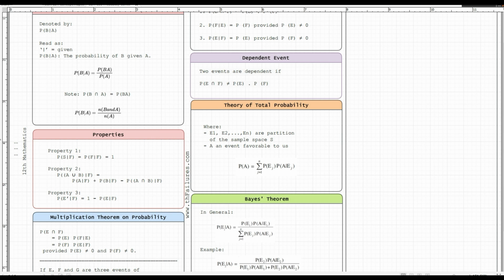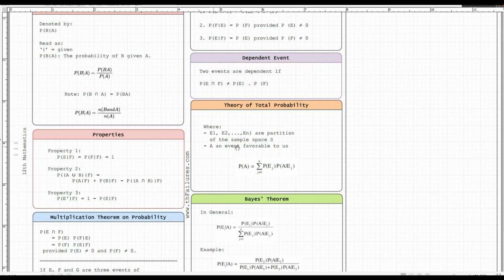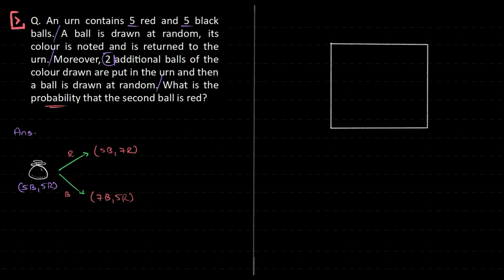Yes, we have to make use of the theory of total probability. If I want a favorable event, which is possible from different sets of events, we just have to make use of this formula and we'll get the total probability.